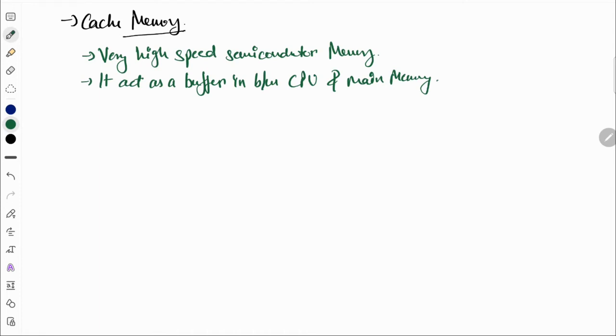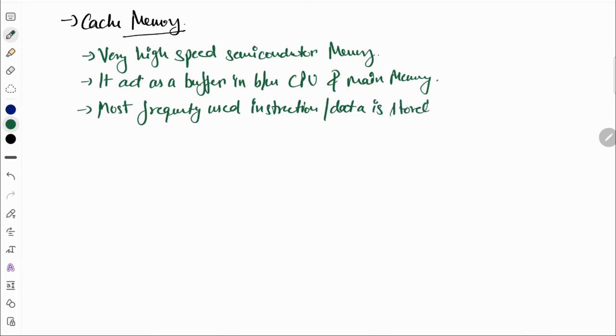It is used to hold those parts of data and programs which are most frequently used by the CPU. Most frequently used instructions and data are stored in cache memory.